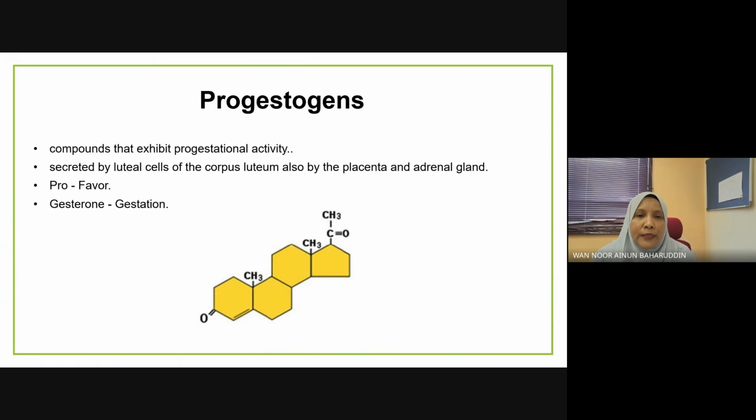Okay, then we do have the second, what we call progestogen. This one too exhibits progestational activity. So what we call pro means favor, gesteron means gestation, so that they will exhibit gestation activity.